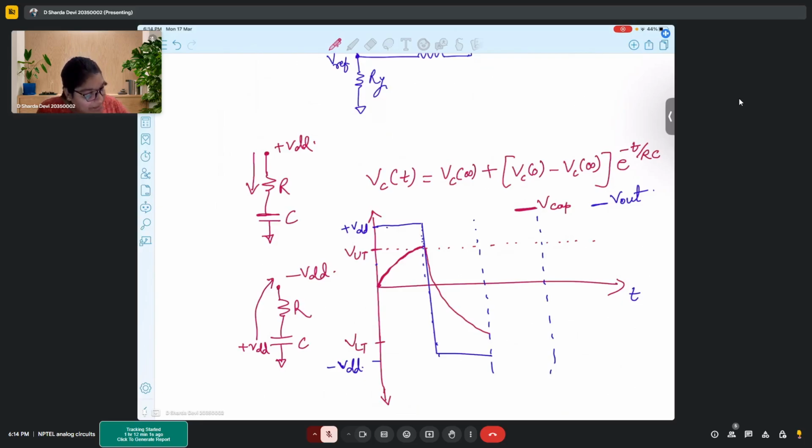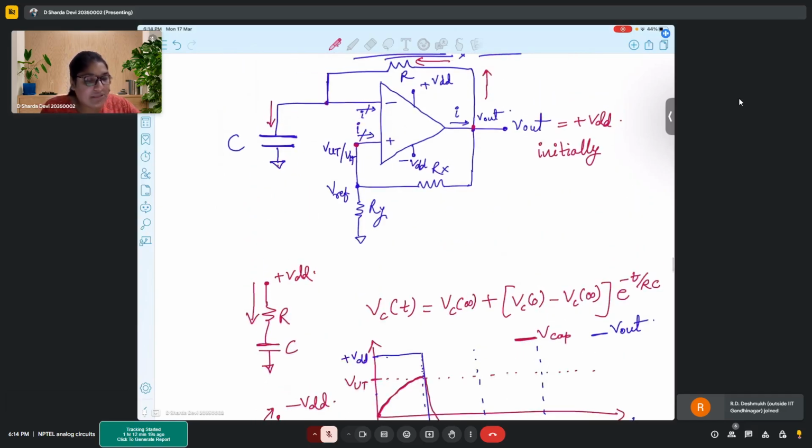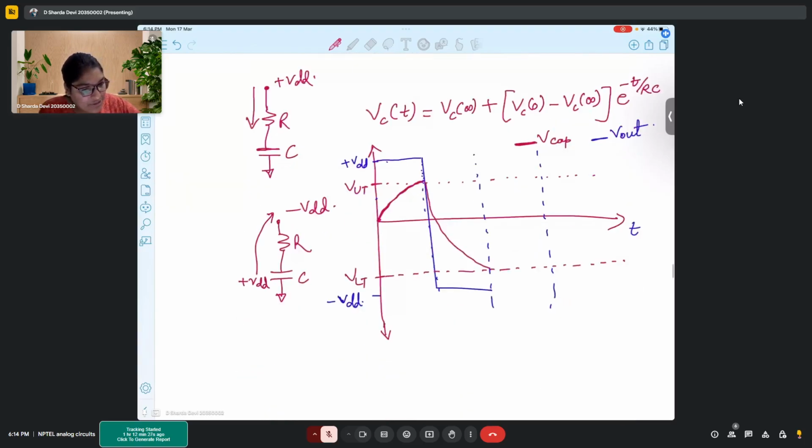Correct? The moment my capacitor potential reaches the VLT level and crosses it, my positive terminal starts to dominate and my output would become plus VDD again. And it will stay at plus VDD.